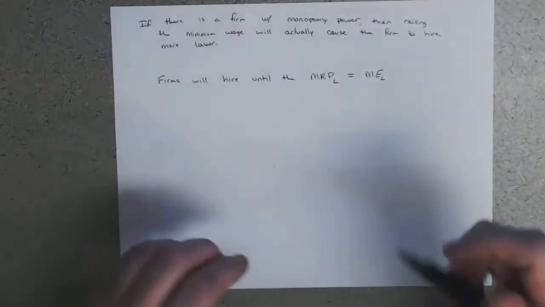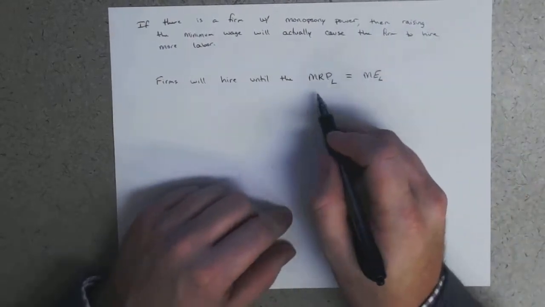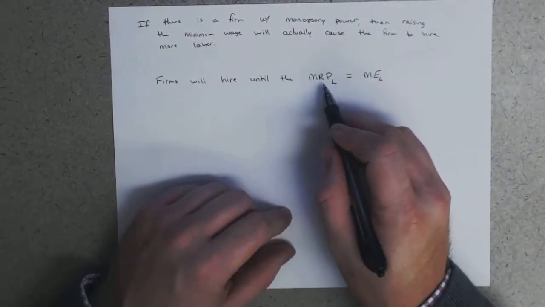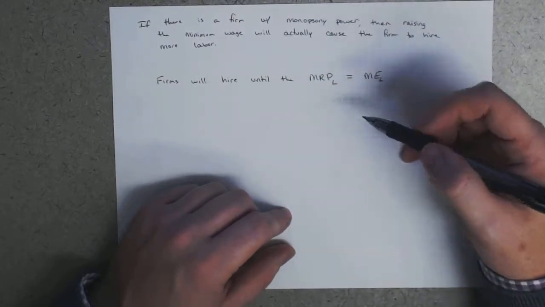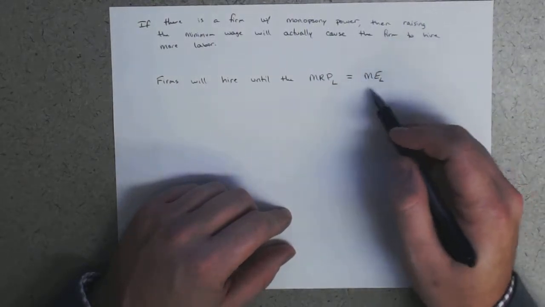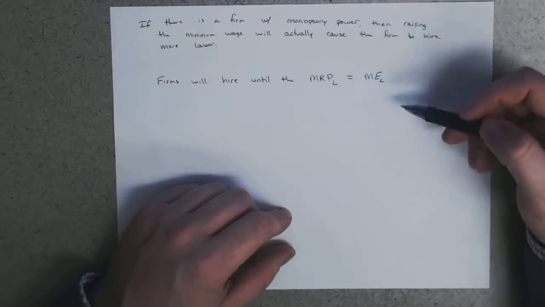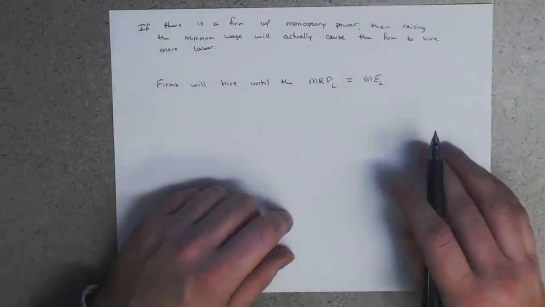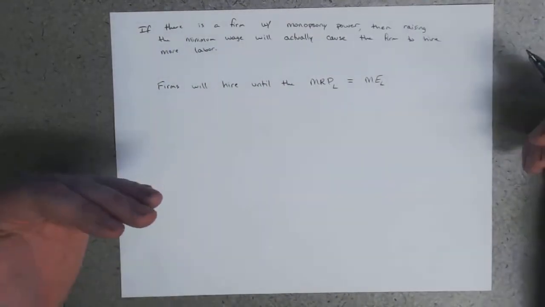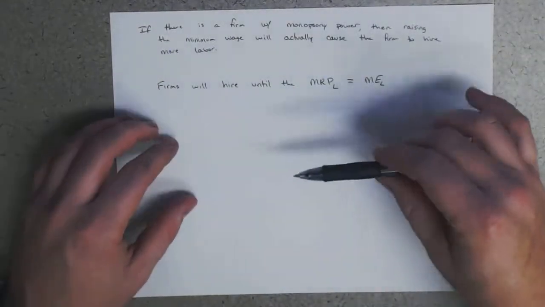That is, they want to keep hiring labor until the additional product or the additional profit that they're getting from one more unit of labor is exactly equal to the marginal expense, the expense they spend on that one more unit of labor.